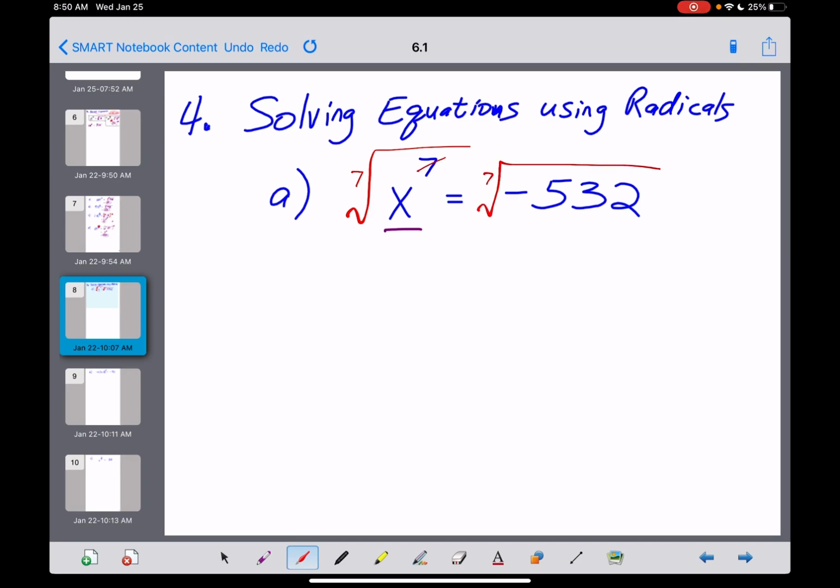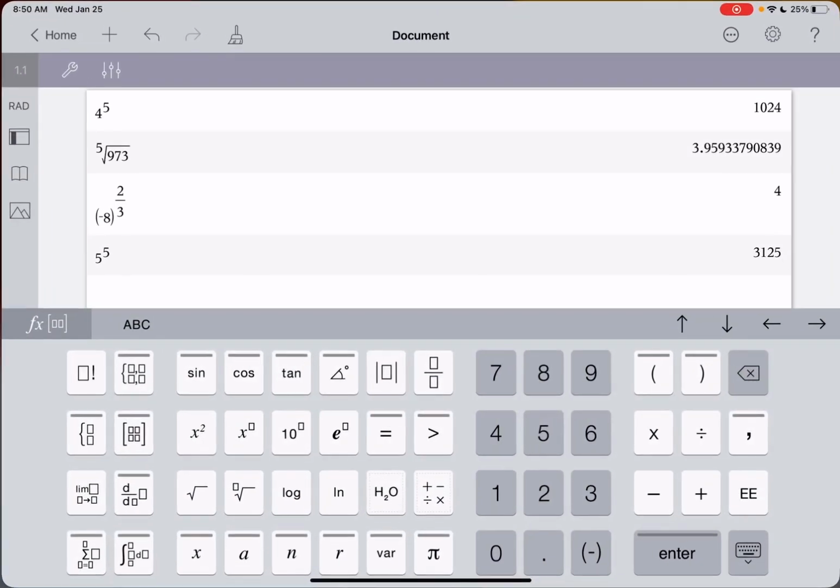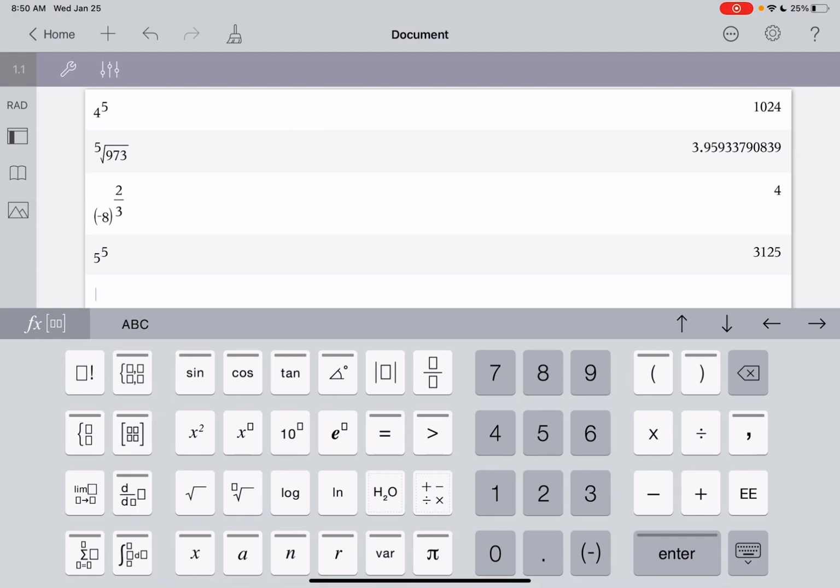And that 7th power and the 7th root simply cancel each other out, and we just get x on the left. And then the 7th root of negative 532, I think I'm going to need my calculator for that one. So let me try that. Again, for you guys, you're going to type in math and then 5 and get to something that looks like this.